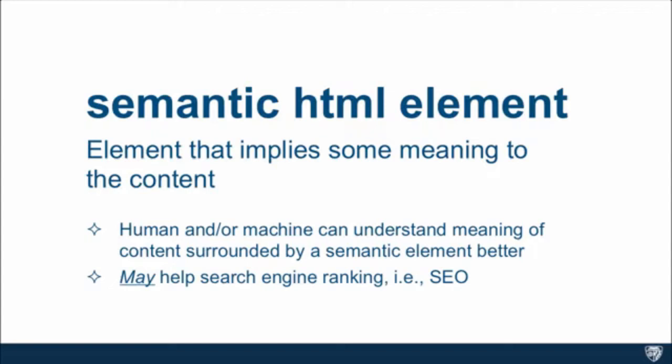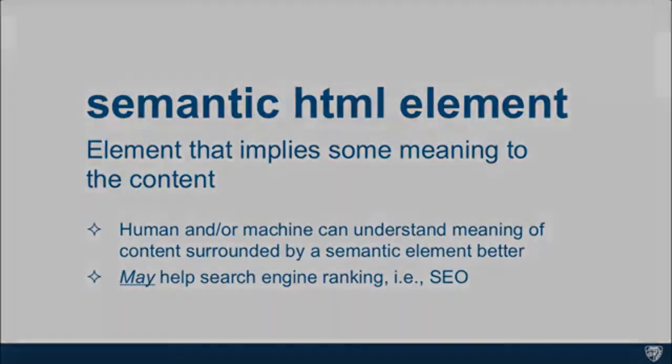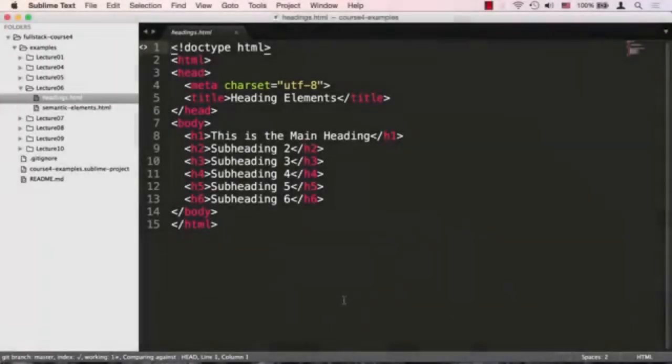Now, let's take a look at an example of the first type of semantic tags that we're going to look at, the headings. Okay, so here I am in Sublime Text, in the Examples Lecture 06 folder, looking at the file called headings.html. This is a very simple HTML document.